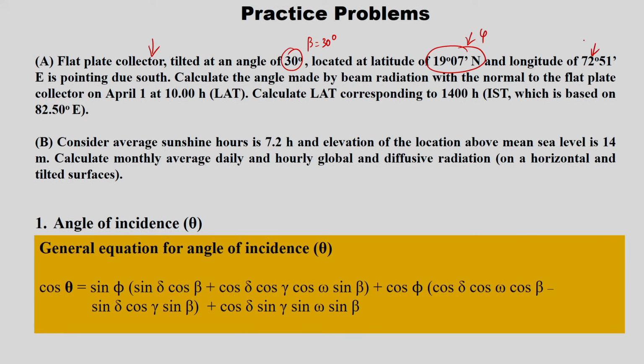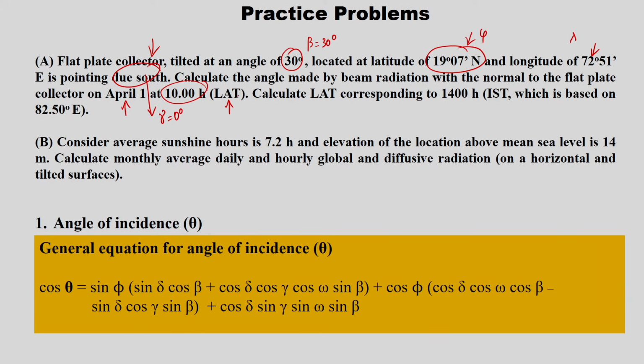This is nothing but lambda, pointing due south, where the surface azimuth angle is 0 degree. For this we are supposed to calculate the angle made by beam radiation with the normal to the flat plate collector on April 1st at 10 hours of local apparent time.